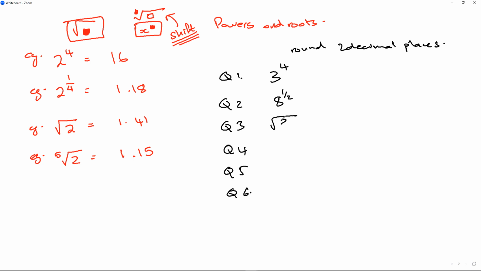The square root of 3 and the seventh root of 8. Then maybe try the next one if you get a chance. You do this one, 4 to the power of negative a half, 8 to the power of negative a quarter.